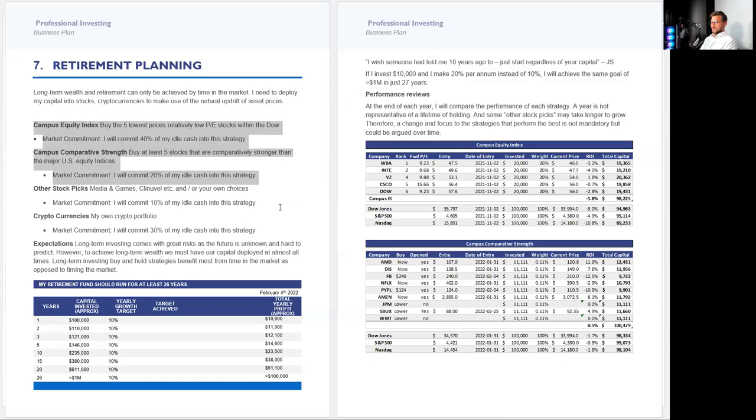And so I just wish someone had told me all of that 10 years ago when I started. So we all should have a focus sooner or later on that. And of course, we need to have a performance review on all of this. And a performance review on 1 year may not be sufficient because these are long-term strategies, right? For example, other stock picks may take longer to really come to fruition.